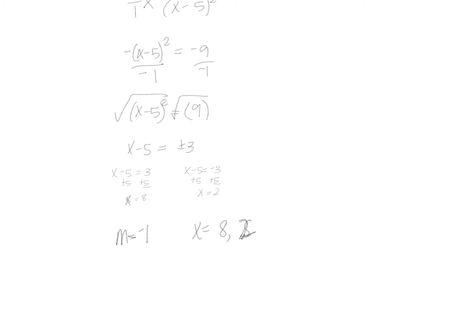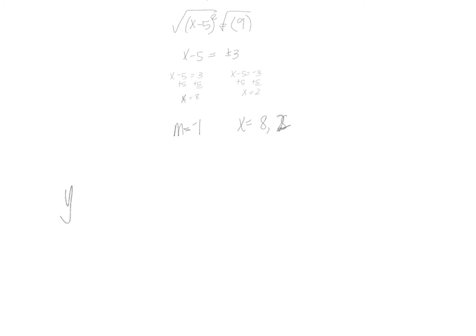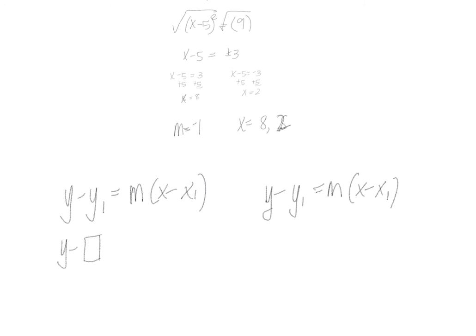But it didn't just ask us where the slope of the tangent line was -1. It asked us to write the equation of the tangent line where the slope is -1. So you need to use the point slope formula twice. We have some stuff that we can plug in, but we don't have the y value for either one of them.